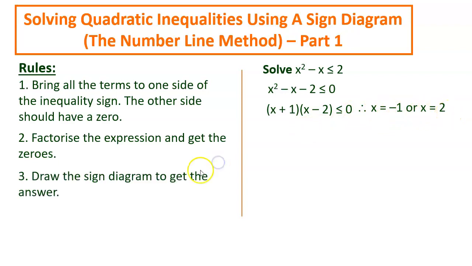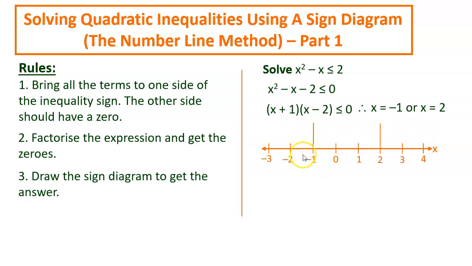Now coming to rule number 3. Draw the sign diagram to get the answer. Now this is the number line containing all x values, and you see the two zeros are marked, minus 1 and positive 2. And these two zeros divide this entire number line into three subdivisions, subparts.